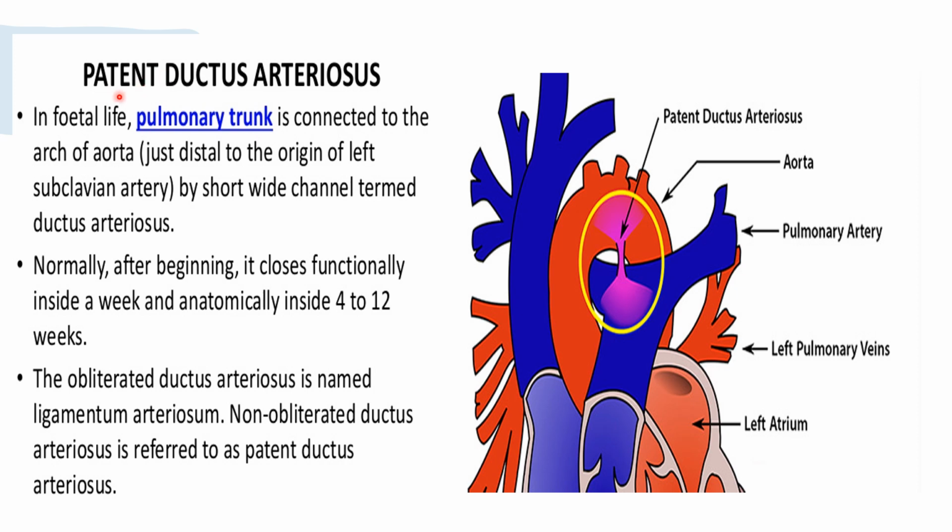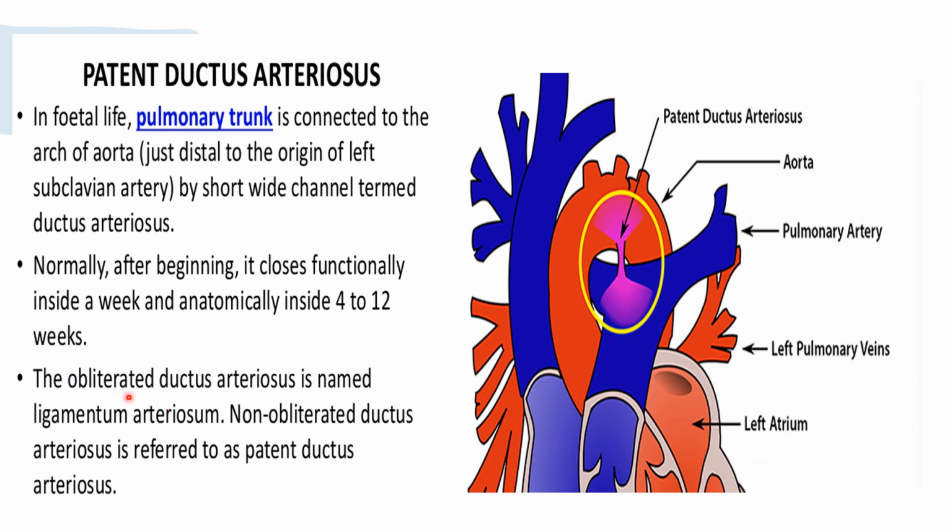Now one more condition, we have the patent ductus arteriosus. As you can see in this diagram, in fetal life the pulmonary trunk is connected to the arch of aorta, just distal to the origin of the left subclavian artery, by a short channel termed the ductus arteriosus. Normally after birth it closes functionally inside a week and anatomically inside 4 to 12 weeks.